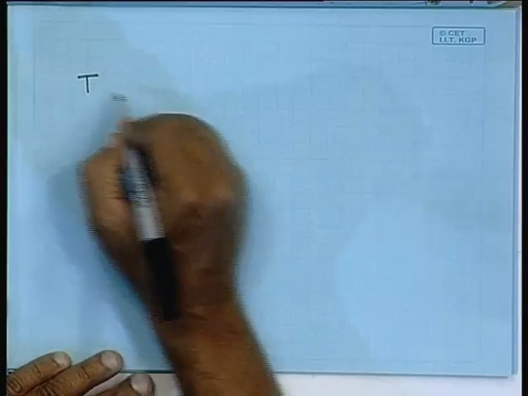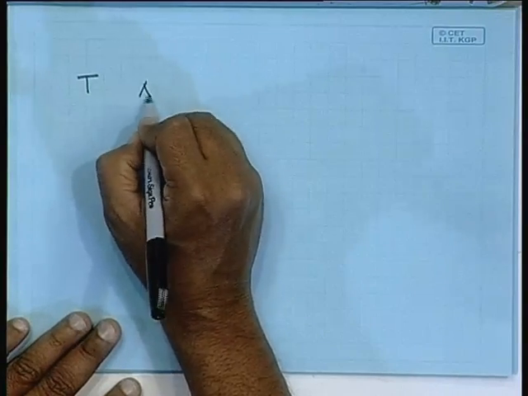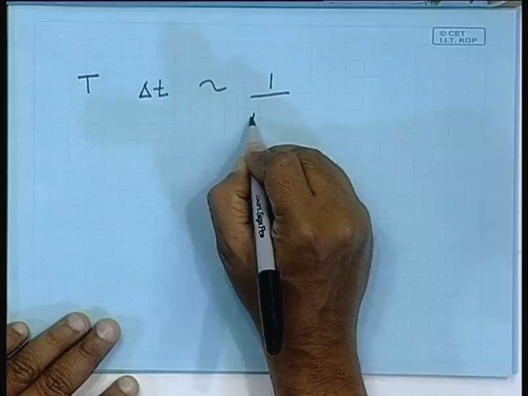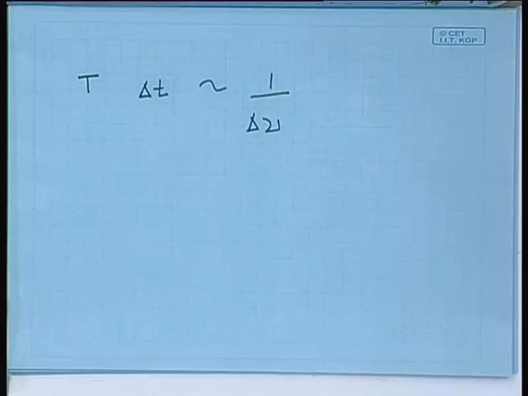This time scale on which the amplitude changes slowly is called the coherence time of the wave. The time scale t, also sometimes denoted as delta t, the coherence time, is of the order of 1 by delta nu. So the coherence time of a wave is inversely proportional to the bandwidth of the wave. The larger the bandwidth, the smaller the coherence time; the smaller the bandwidth, the larger the coherence time.